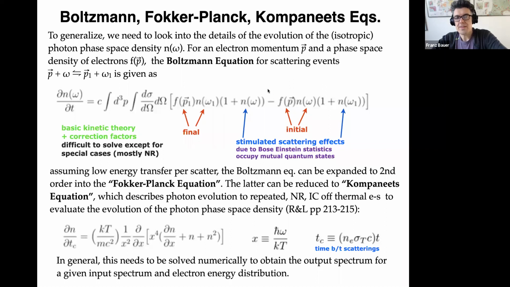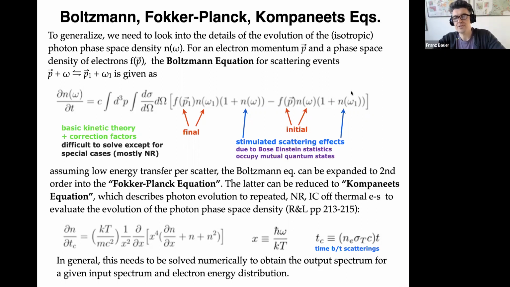The other thing that we actually need to consider here in some cases would be stimulated scattering effects, which could be due to Bose-Einstein statistics allowing photons to occupy mutual quantum states. So there's an extra factor here: once you have upscattered and have some extra component, you can get some sort of crosstalk or feedback from this stimulated scatter.